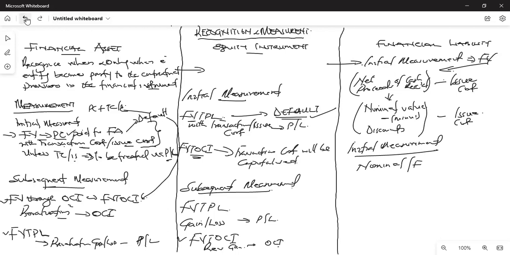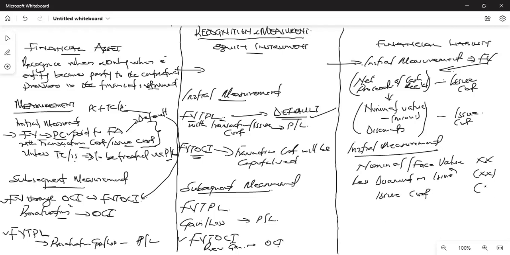Let me use face value so that you are not confused with fair value. Face value. Then you have to less what? Discount on the issue of this. You have to less it, and further go ahead and less issue cost.